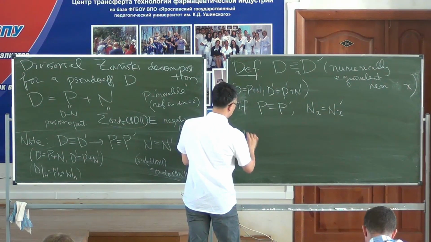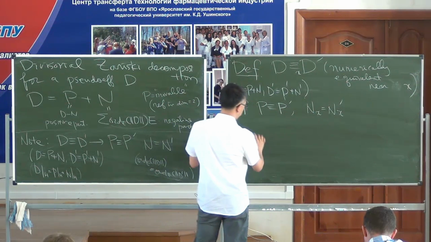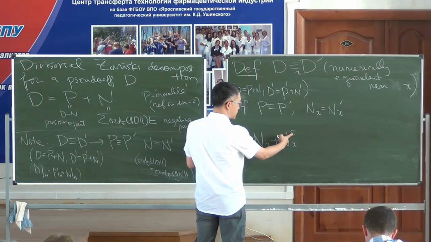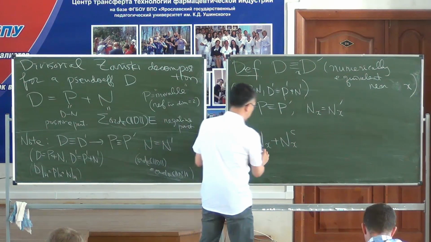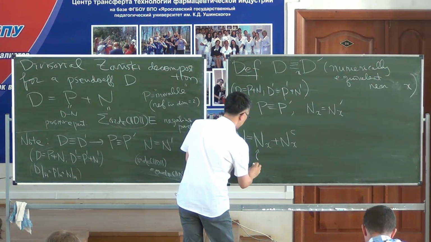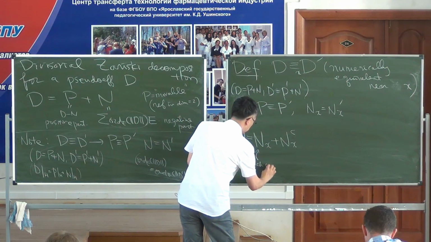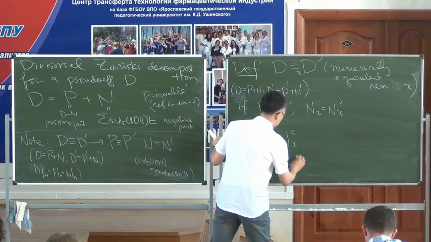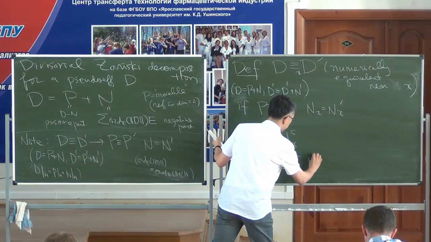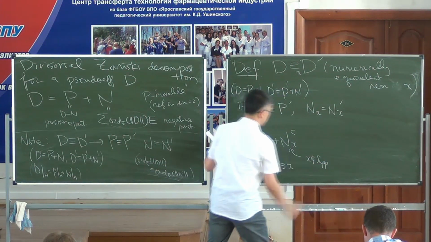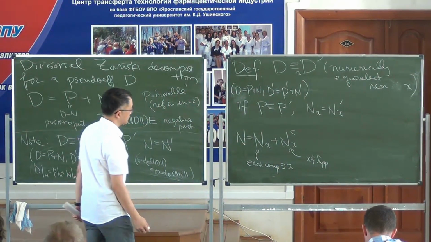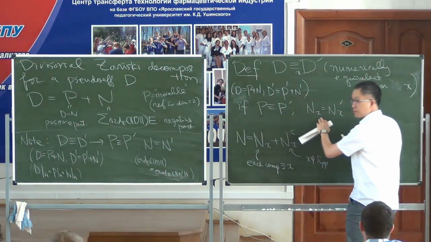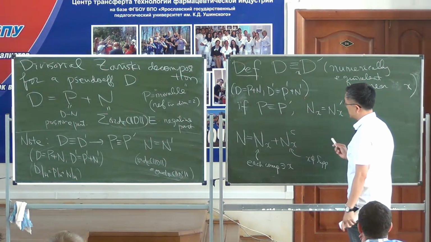So if you have the negative part N, we further decompose it. Okay? So C stands for the complement. Each component contains the point x, and about this, x is not contained in the support. Okay? So you just collect all the components from the negative part which contain the point x.